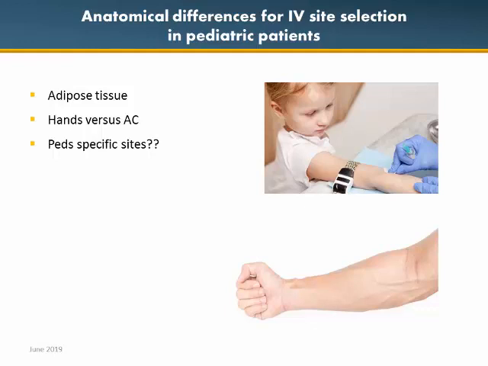However, every situation is unique, and in the extremely hesitant child, it may be better to access the AC if it appears the most promising, as we may not get a second chance to attempt an IV. You may have seen other sites used in the hospital, such as scalp veins or umbilical veins. In the pre-hospital world, only those sites accessed in adults should be cannulated in pediatric patients.